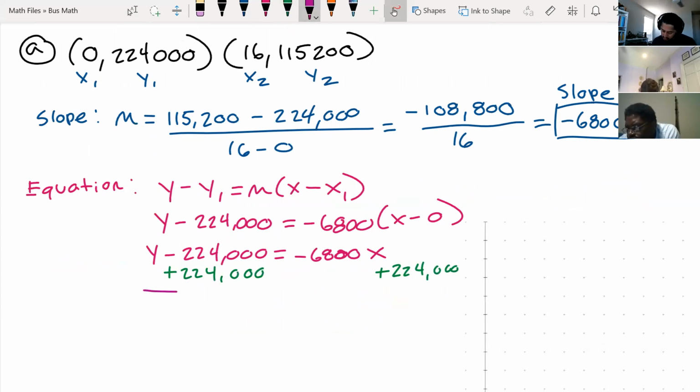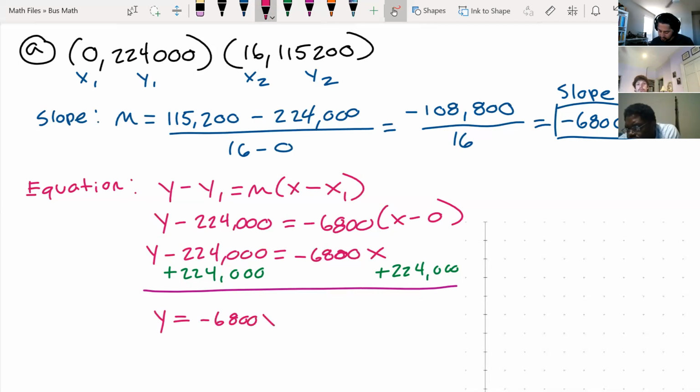We're going to get y equals negative 6,800x plus 224,000.